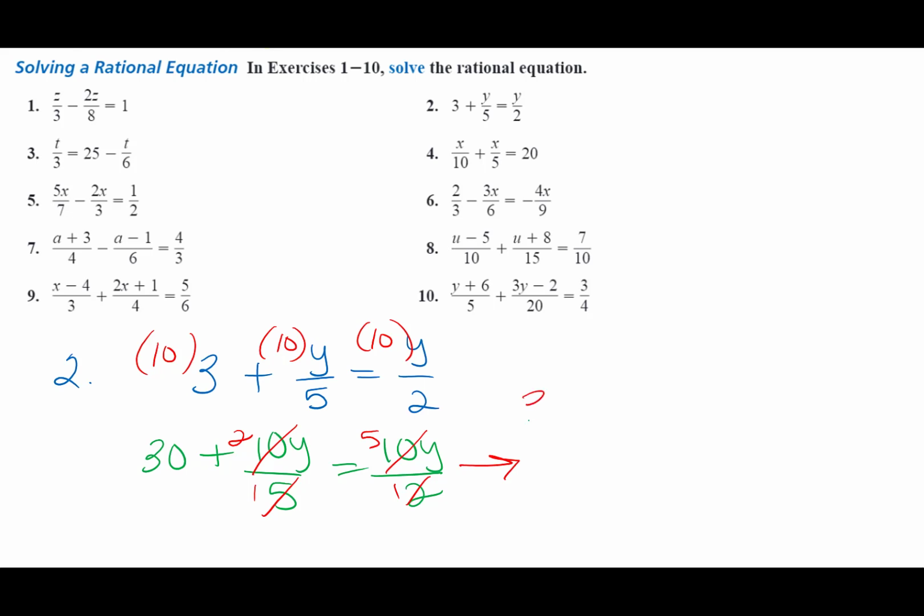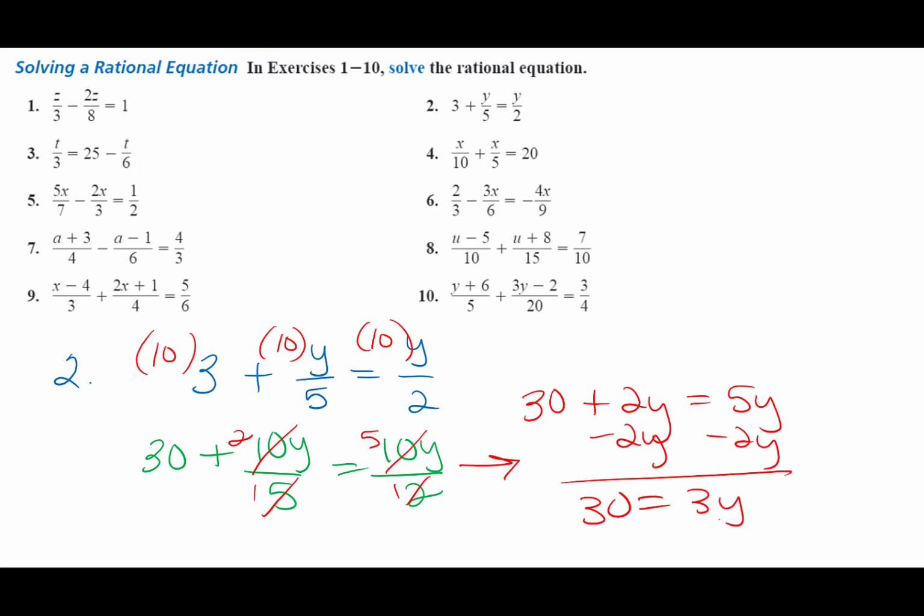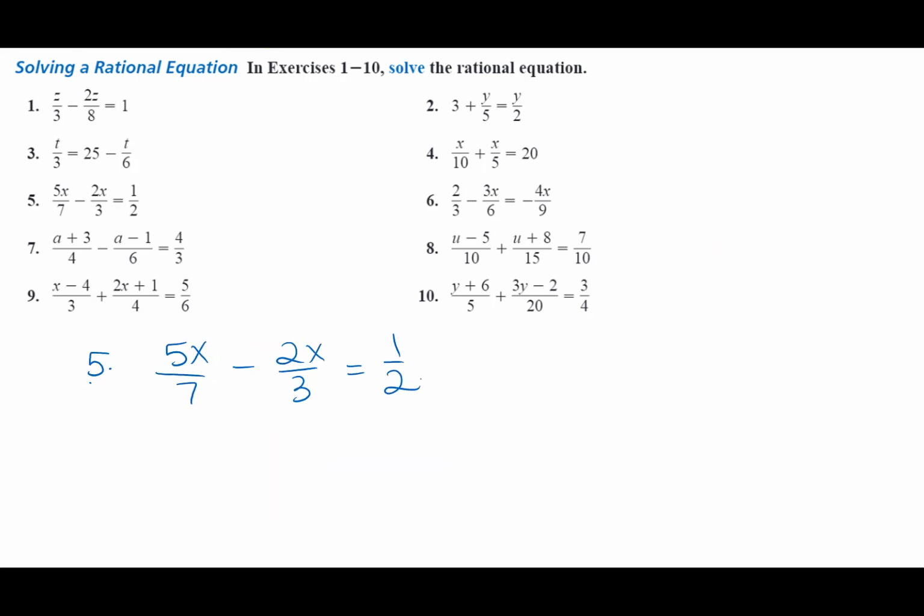So now the equation is 30 plus 2y equals 5y. Let's subtract the 2y. This is 30 equals 3y, and divide both sides by 3 to get an answer of y equals 10.